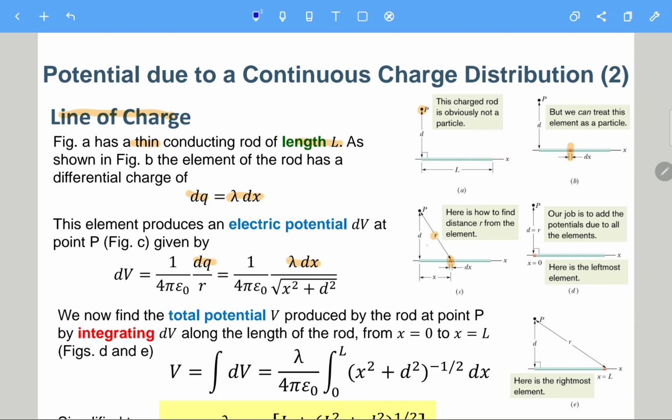This is a right angle triangle, so r is d squared plus x squared, the whole term taking the square root, according to the Pythagorean theorem. So we have the dV like this.